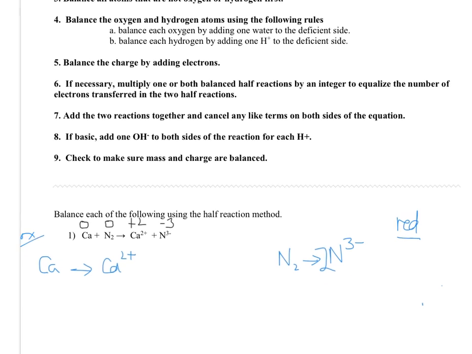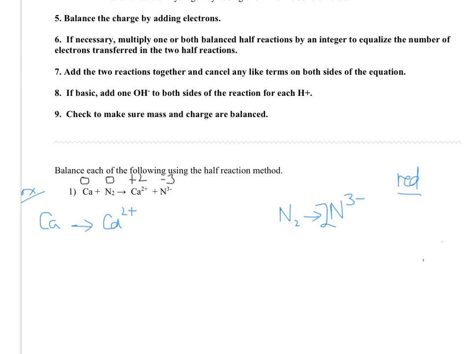Okay, step 5 says balance the charge by adding electrons. So we're going to start with the calcium. The way that you do that is you figure out the charge here. This side has a charge of 0. This side has a charge of +2. Now electrons are negative, and we're trying to make those two sides equal to each other.